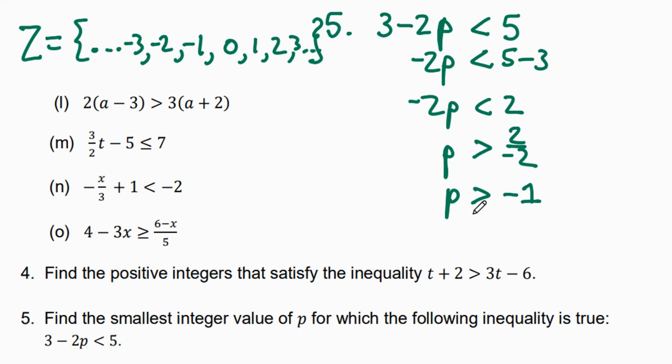So which integer comes after negative 1 but is greater than negative 1? And of course the answer is 0. So p is equal to 0.